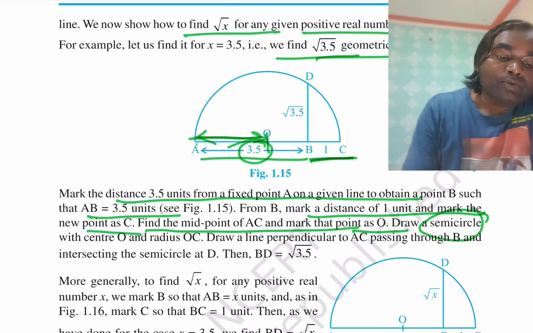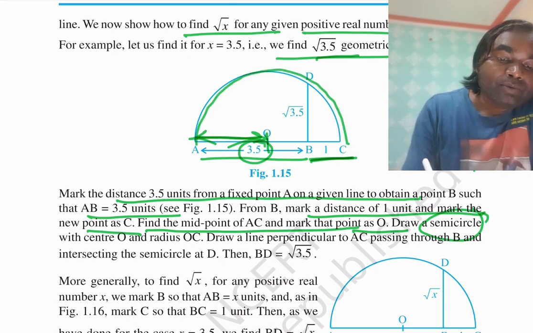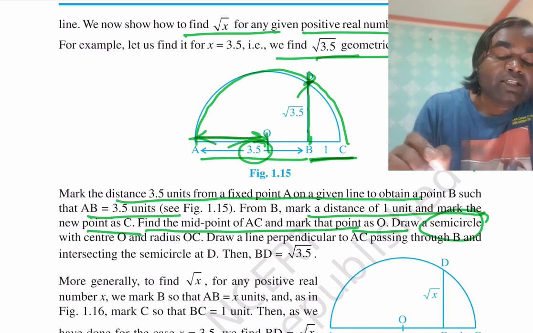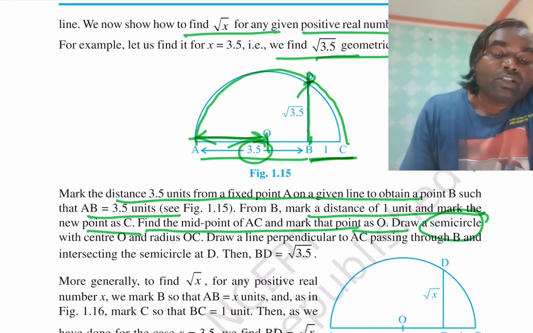Then we draw a perpendicular from point B to this semicircle, and suppose it cuts at D, right? That value BD will represent the square root of 3.5.